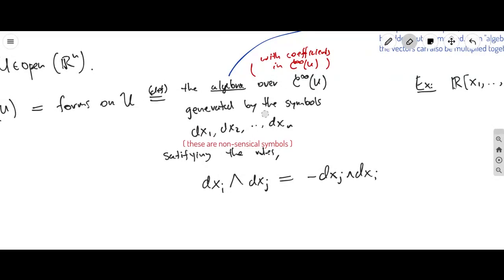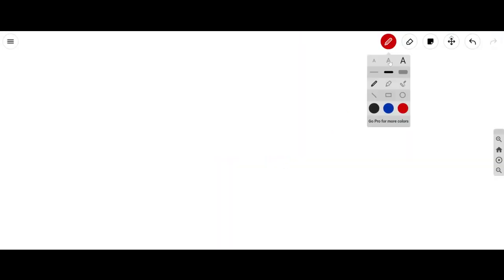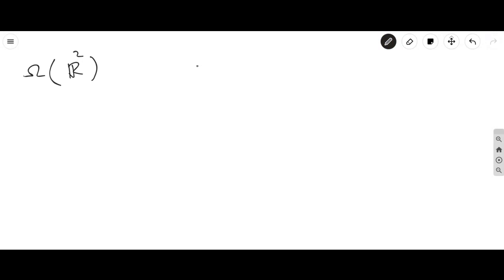So just to show you a very simple example, let me take this down and show you a very simple example of a form. So let's say we talk about forms on, let's say, R2. So we're going to have two symbolics, dx1, dx2. It's also customary that if you're talking about two, you might just call them dx and dy.